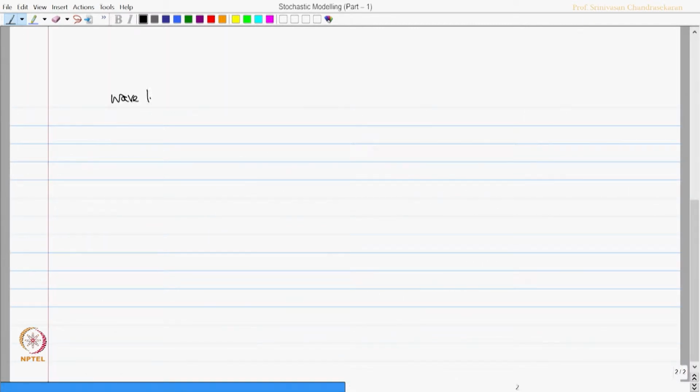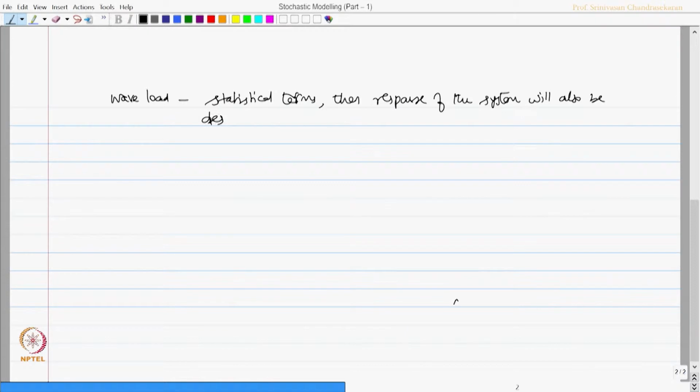Once wave load can be expressed in statistical terms, then the response of the system will also be described in statistical terms. Okay?